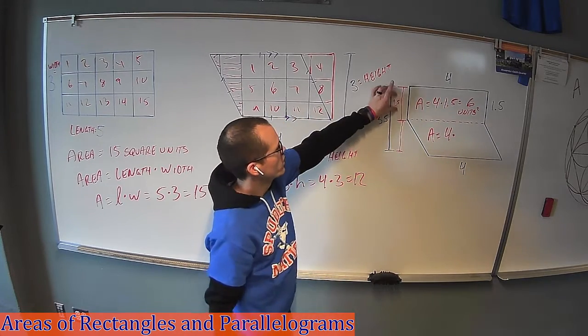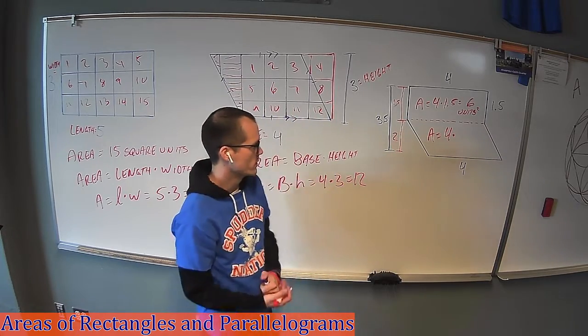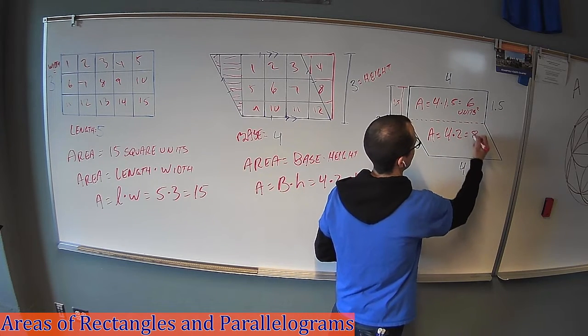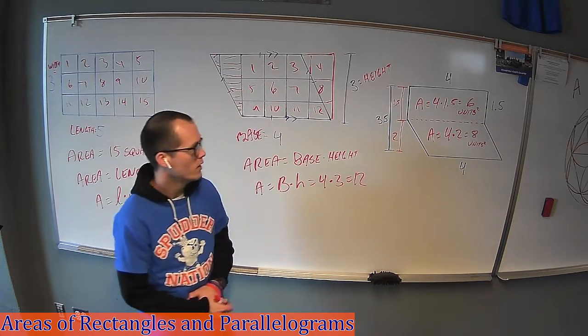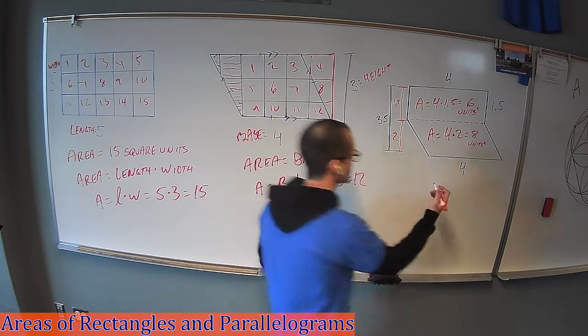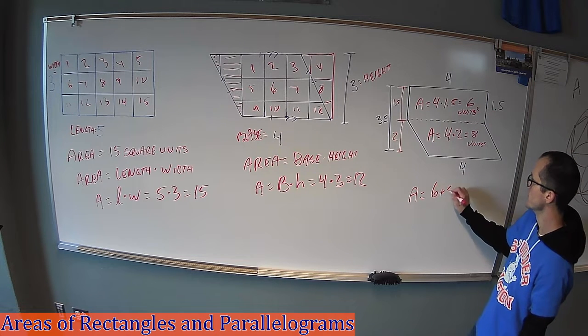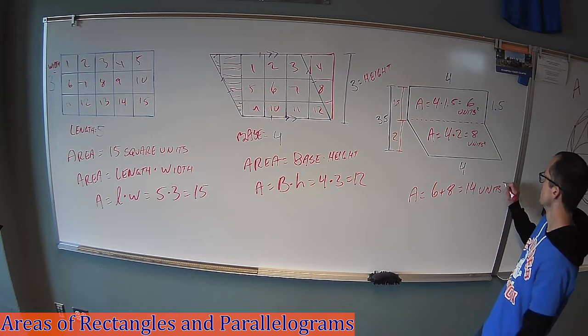So if this chunk is 1.5, the whole thing is 3.5. The remainder here, when you do the subtraction or the difference, is 2. So this bottom section has a height of 2. Therefore, the area of that parallelogram is 8 units. So the area of the entire thing then would be 6 plus 8 for 14 units squared.